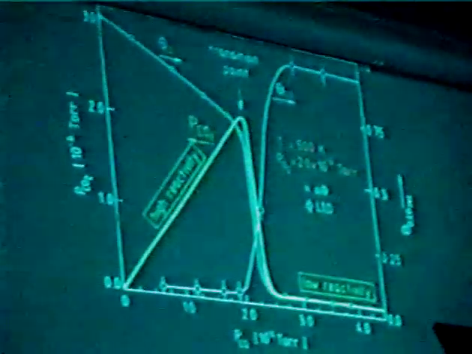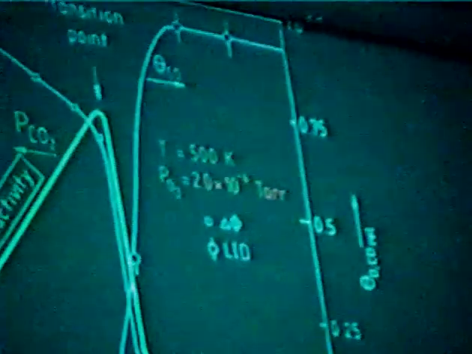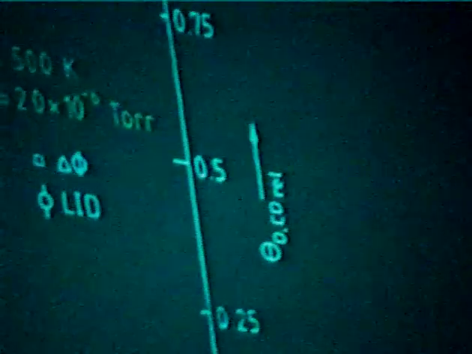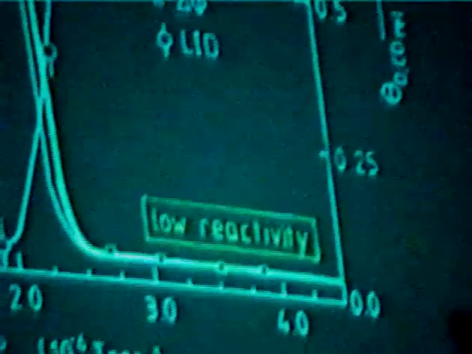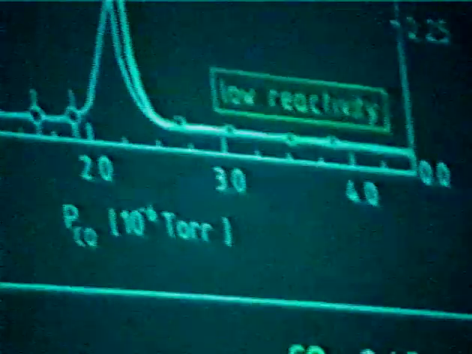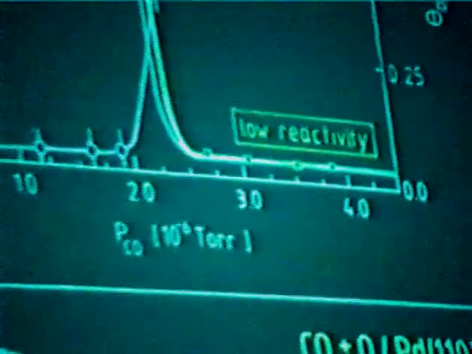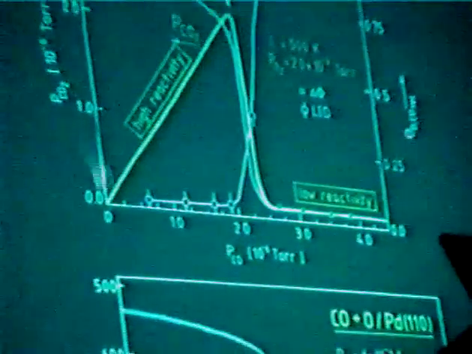Next slide. This one shows how we can understand this special behavior of the platinum surfaces with respect to oscillation reactions, the production of carbon dioxide.